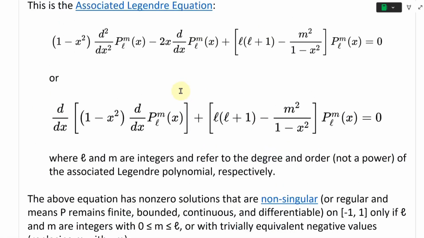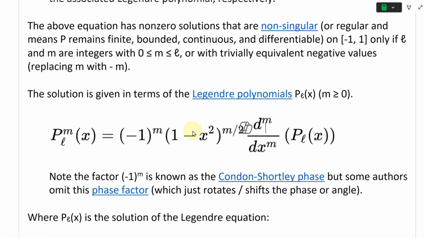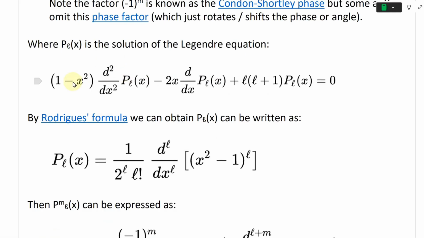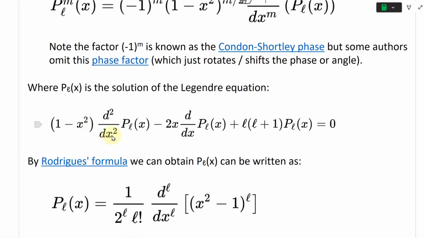So this is the associated Legendre equation, and this is the normal Legendre equation: 1 minus x squared times the second derivative of PL of x, minus 2x times the derivative of PL of x, plus L times L plus 1 times PL of x equals 0.